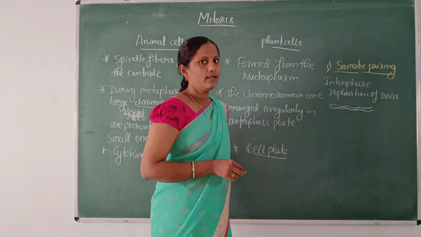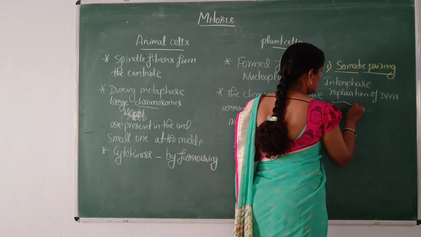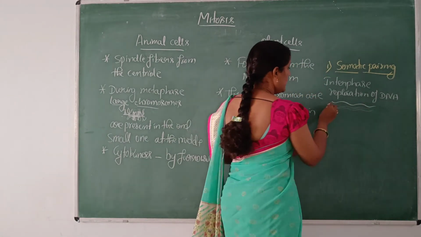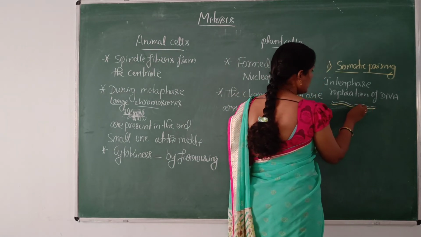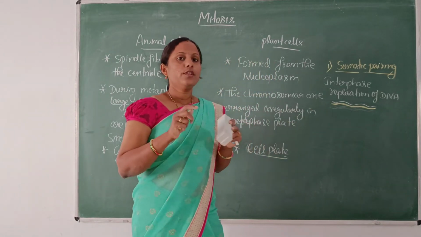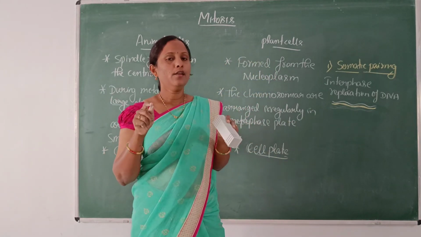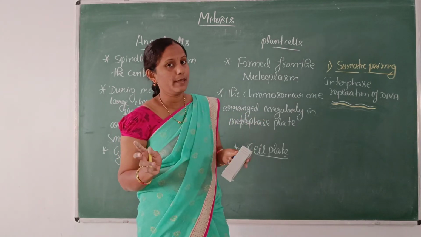This we call replication. I write it in a different color, but don't think that means it's a different DNA. It is the same copy of the DNA. This should get separated after dividing in the interphase.